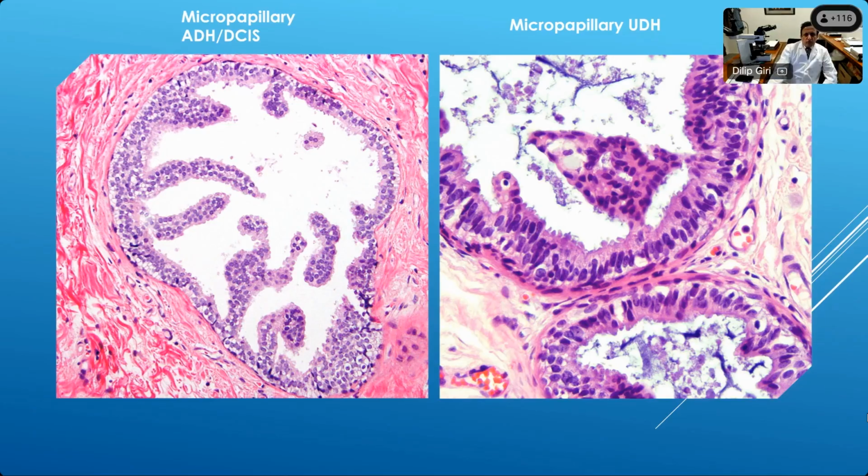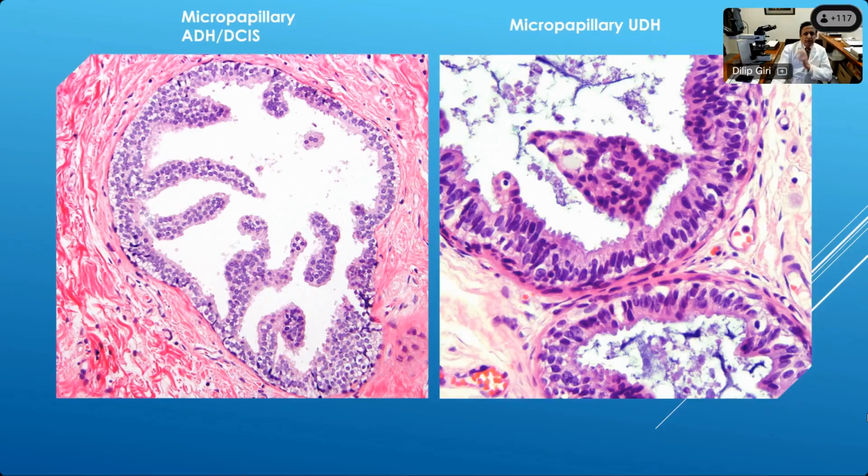They tend to be more angulated or irregular, and you will often see darker nuclei within the tuft. This is because some of these cells tend to undergo maturation, which does not happen in neoplastic ductal proliferation. So that is an important point to remember.